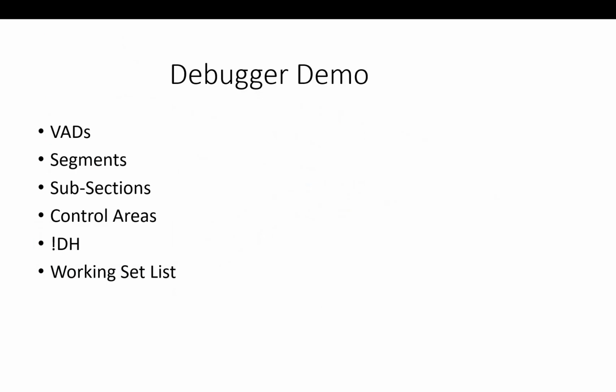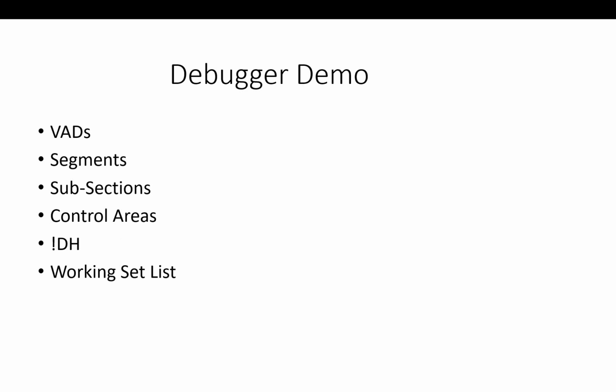Okay, next we have the debugger demo. That'll be the next presentation. I think we go through the debugger to be able to see some of these things. It'll make more sense, and then in the next section we'll go over what we saw in the debugger. This first presentation is just a high level view, and as we get into the details, I think things will make more sense.